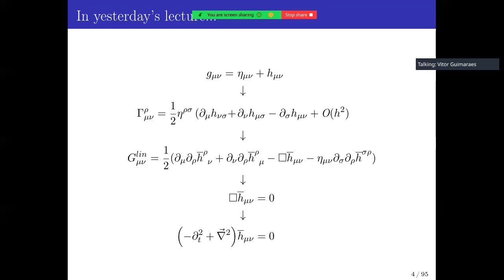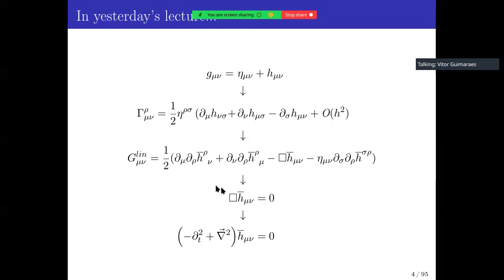We discovered that it travels at the speed of light and that it has only transverse polarizations, just like electromagnetic waves. We saw that it can be thought of as a massless spin-2 field propagating in a flat background. And this is kind of amazing.